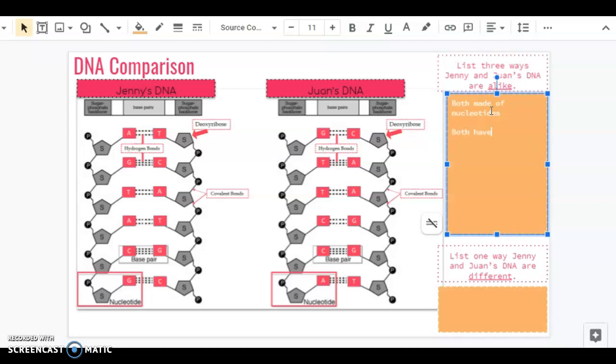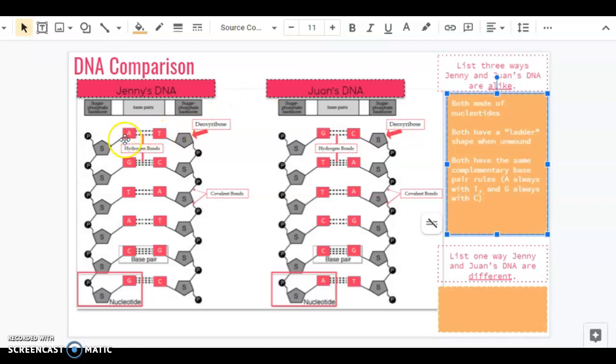Both have a ladder shape when unwound. Both have the same complementary base pair rules. A always pairs with T, and G always pairs with C.